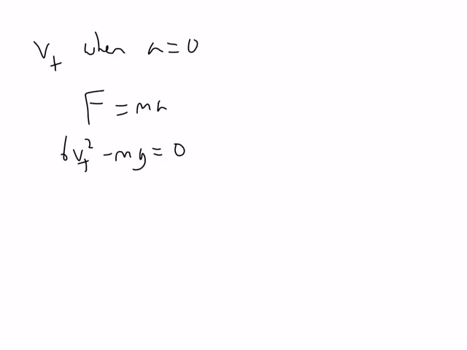So now all we need to do is solve, and it's a pretty easy thing to solve. v_t is the square root of mg over b. And that's it for this one. The tough part is really in part C, setting up that equation. That's the thing this problem is meant to practice.